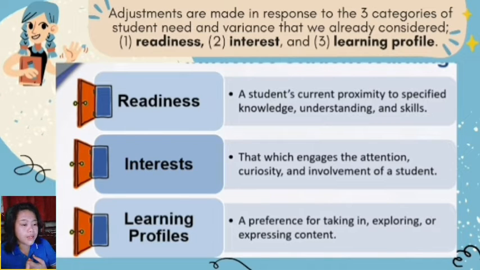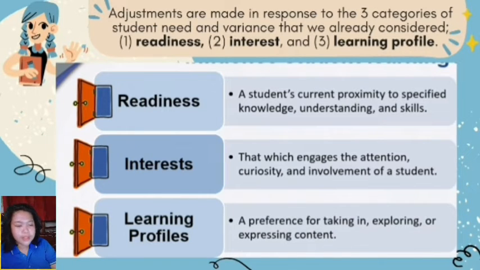Okay, when you say readiness, it is a student's current proximity to specified knowledge. Your student might still not get your previous discussion, so that means he or she is not ready for the following topic. That is readiness.